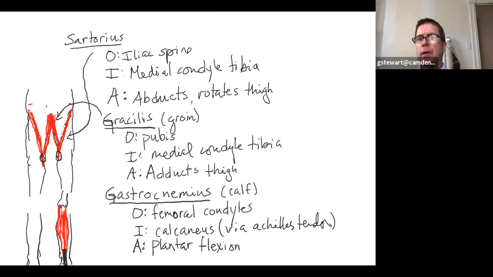I'm going to do the soleus on this same page just because I need the exact same picture. So let me write soleus. If we were to strip this muscle that we just talked about, the gastrocnemius, if we were to dissect it, cut it off somebody and strip it away, we would see the soleus underneath.